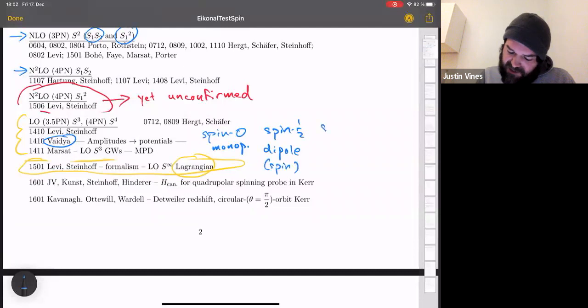If you take spin 1, you can get the quadrupole, a spin squared quadrupole.